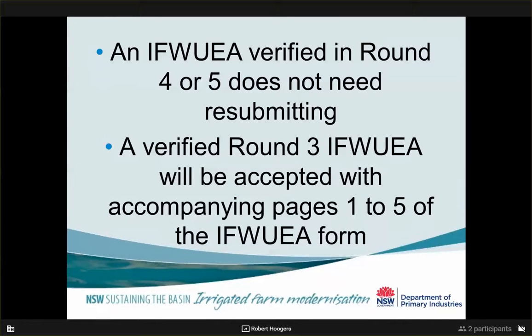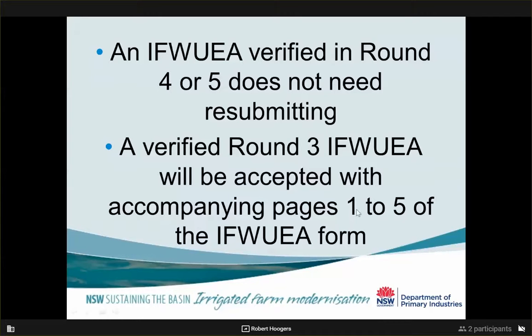If you have an IFWUEA from round 4 or 5 that has been verified, it does not need resubmitting. If you have an IFWUEA from round 3 that's verified, that's unacceptable. We need you to do pages 1 to 5 to renew your details of the farm.